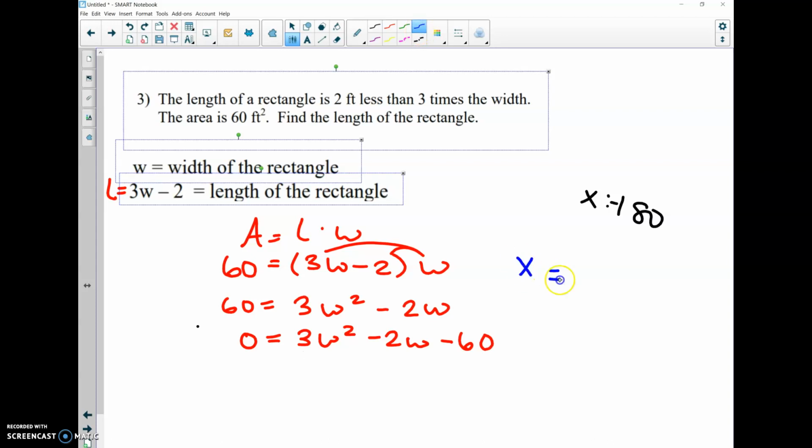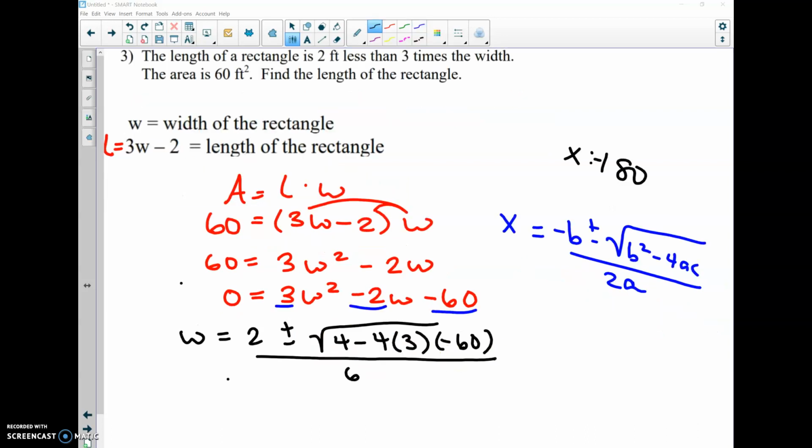So, quadratic formula. Negative b plus or minus the square root of b squared minus 4ac all over 2a. Go ahead and plug that into the quadratic formula using a is 3, b is negative 2, and c is negative 60. Alright, so negative b is negative 2, so positive 2. Negative 2 squared is positive 4, minus all of this.